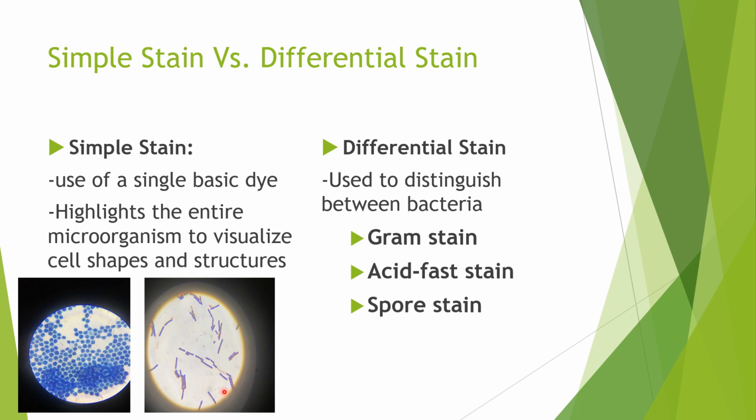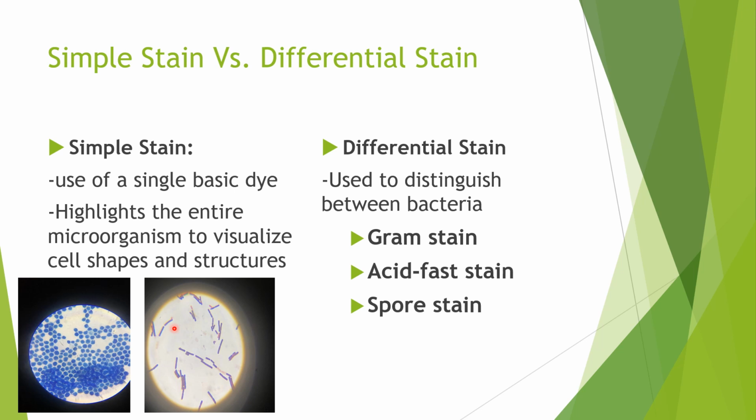And what's a simple stain used for? A simple stain is used to highlight the microorganism so that you can visualize it, so you can tell what shape it is. Right here, I can see that it's a coccus, a circle. Again, right here, I can see that it's bacillus in shape.